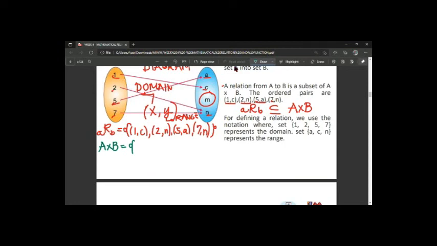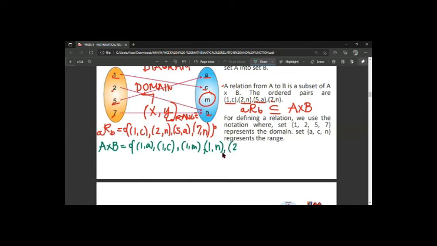So let's start with 1. So 1, comma A, 1, comma C, then 1, comma M, then 1, comma N. So we're done with 1. Let's go with number 2, the second element.